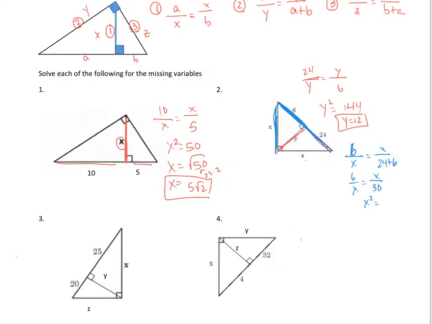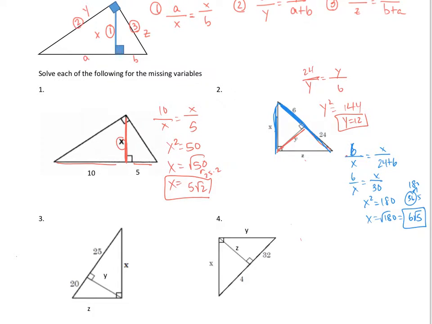So X squared will be the 30 times the 6, which was 180. And we could break the 180 down into, let's see, 180 breaks down into 36 times 5. How about that? And we could take the square root of that. So X is the square root of 180, which ends up being 6 root 5.